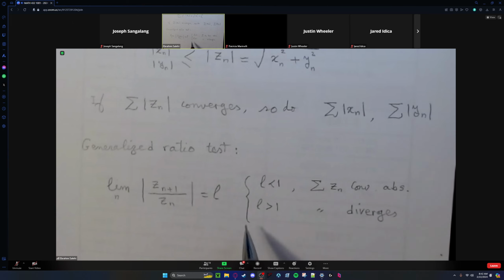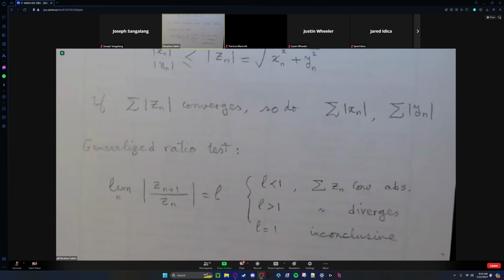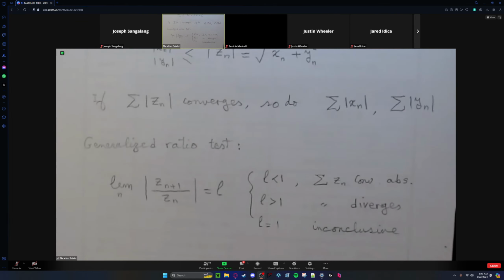And if L equals 1, no conclusion, it is inconclusive. By the way, this generalized ratio test is extremely powerful, and we will use it all the time.